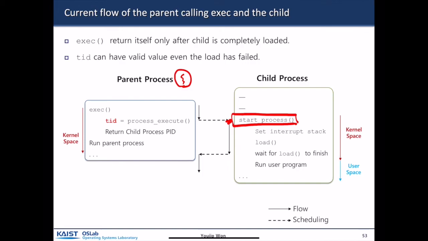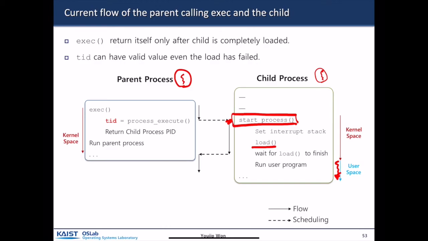And then it loads the binary file for a program to execute. When it becomes the child process here, the parent process has to wait until it ensures that the binary file it wants to execute is completely and successfully loaded to memory. And then it starts to execute the program.